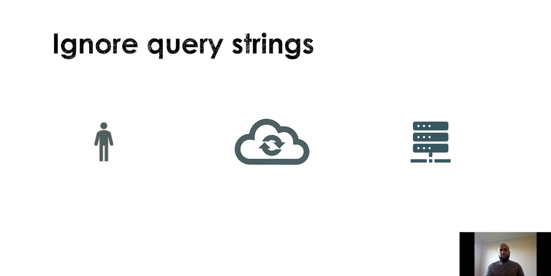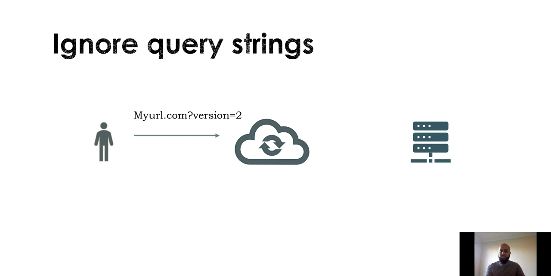Now the next time you come again and you make a request to the CDN, but this time, while using the same URL, you change the query string to be version 2. Now remember, you're using the ignore query string option over here, right? So what the CDN actually does, the CDN already has that data cached, but it's been cached for version 1, right? But the CDN doesn't really care at this point in time.